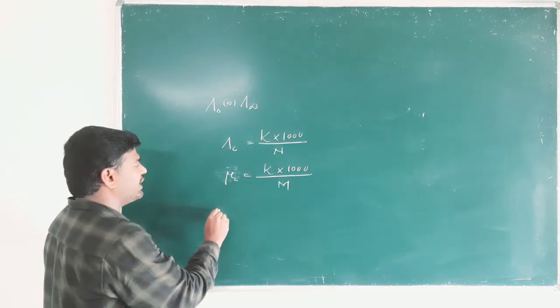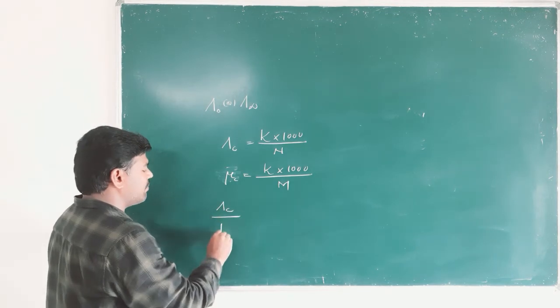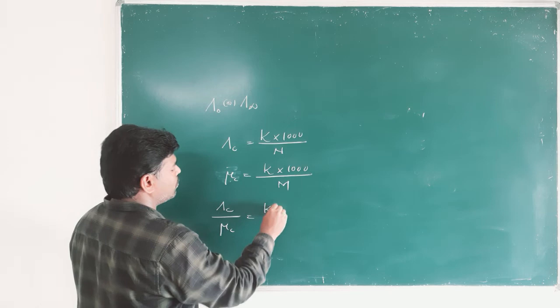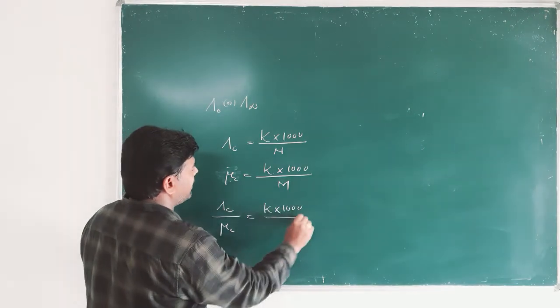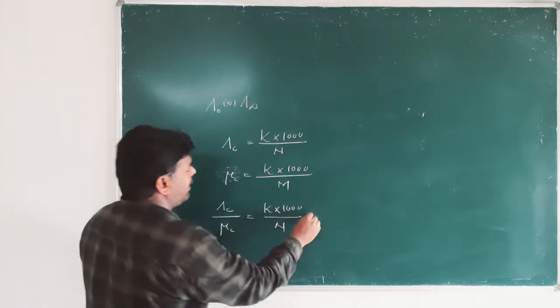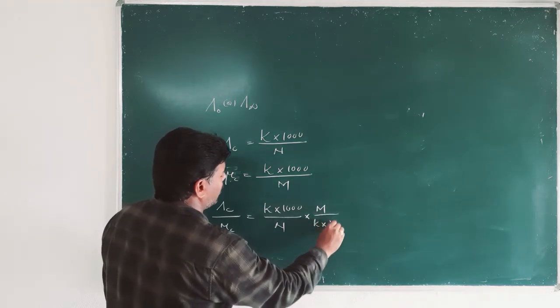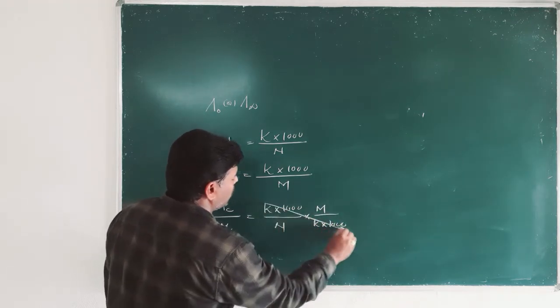Okay. If we take the ratio lambda c by mu c, that is K into 1000 by normality, into molarity by K into 1000. These two are cancelled.